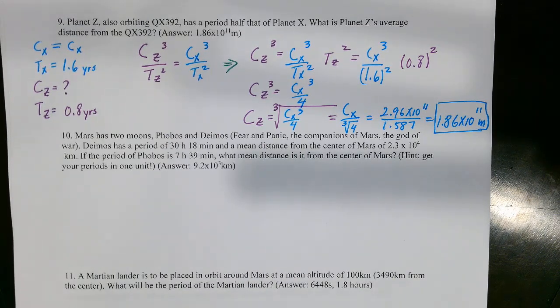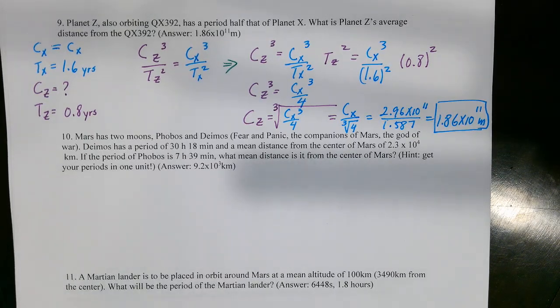Now, Mars has two moons, Phobos and Deimos. Now, fear and panic. The companions of Mars, basically the god of war.